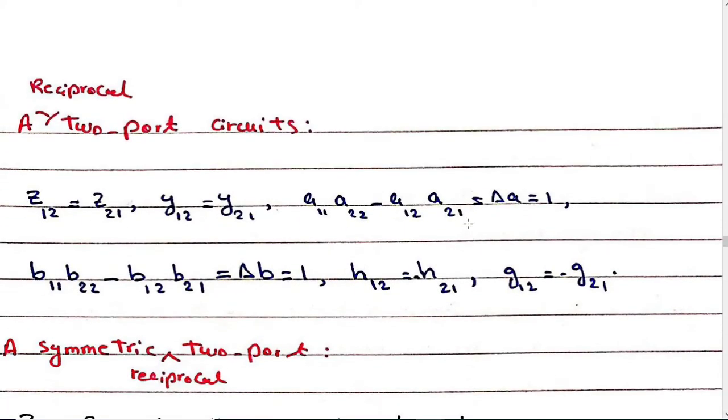So why do we need to know whether they are symmetric or reciprocal? Because they make our calculations very simple. When we have a reciprocal two-port circuit, Z12 will be equal to Z21, Y12 will be equal to Y21, and delta A is 1.